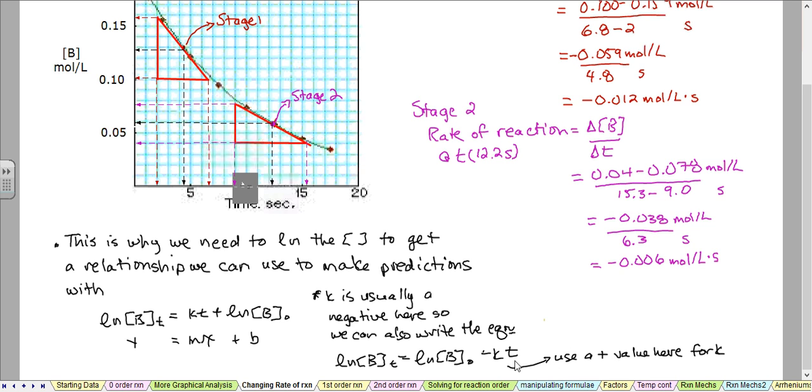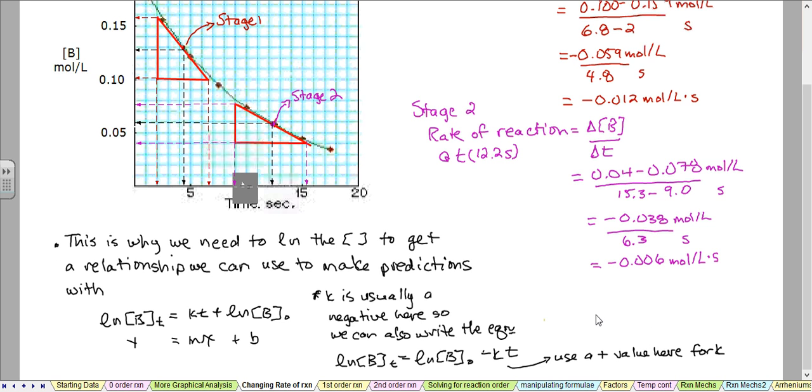It just helps your numbers come out in a much better format. So all we're going to do is rewrite this relationship to be ln of our B concentration whenever we want is equal to ln of our initial B concentration minus kt. And what that does is then we can use a positive value for k. We call k actually an absolute value.